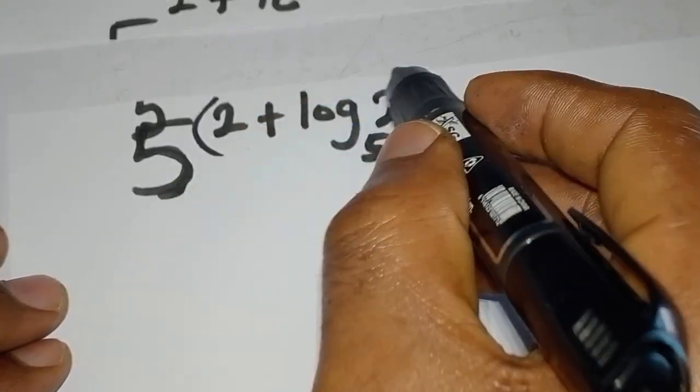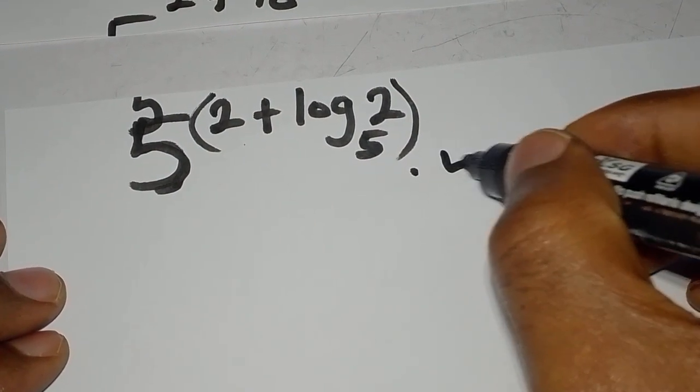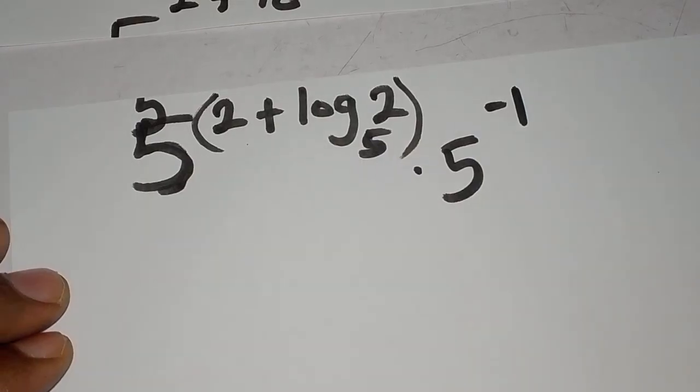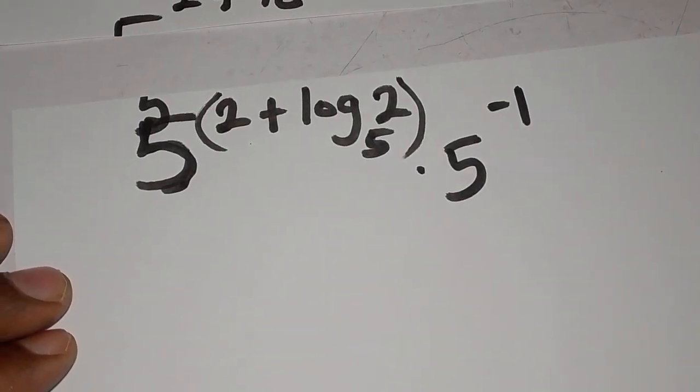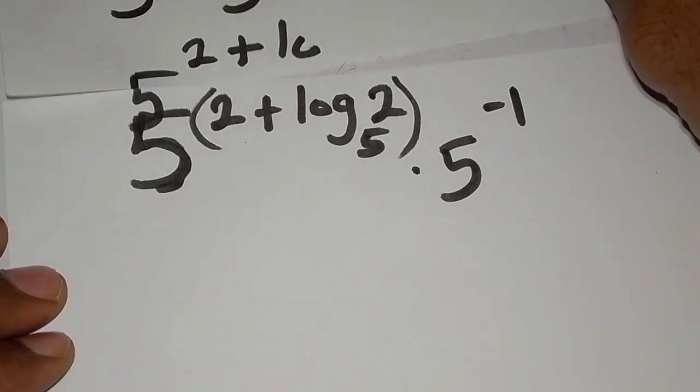This is the value of x, and whatever we have here will be multiplied by 5 to the power of -1. Now, will this be equal to 10, because we have 10 on the other side?